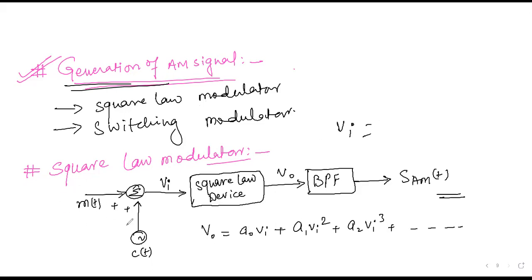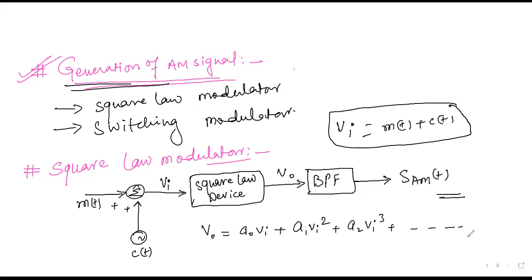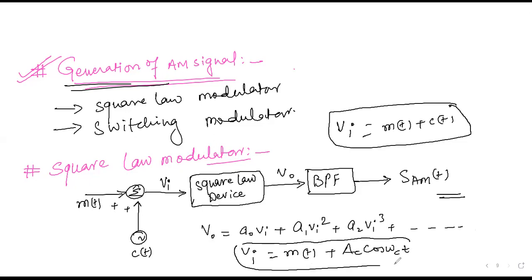Vi is the summation of m of t and c of t, so m of t plus c of t. So Vi can be written as m of t plus Ac cos of omega c t. This input voltage passes through the square law device, and the output passes through the band pass filter, and you will get the AM signal.